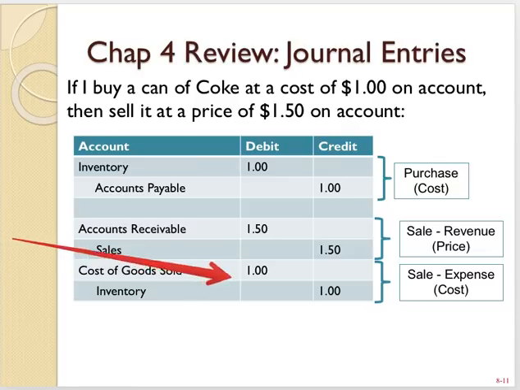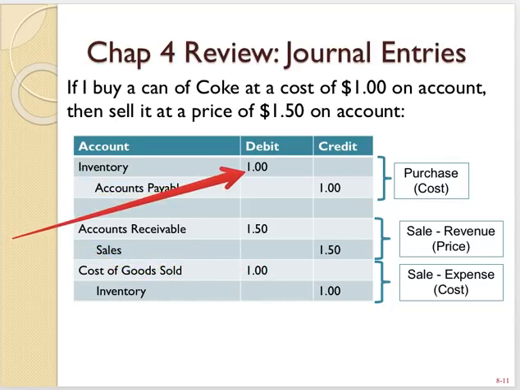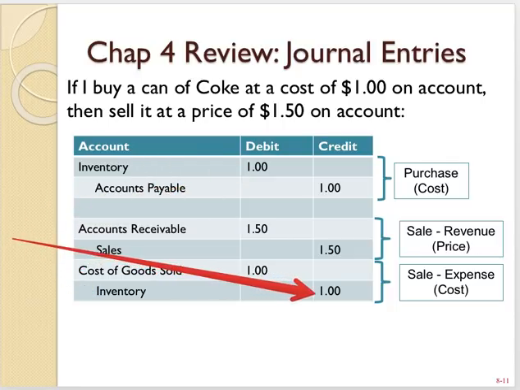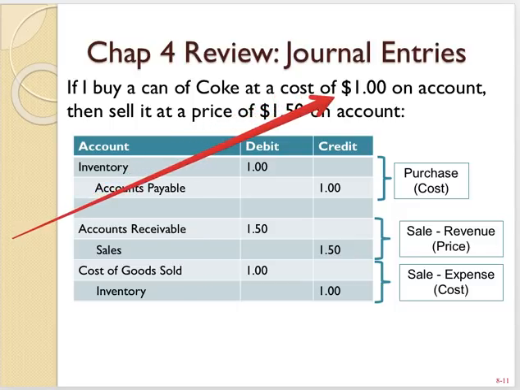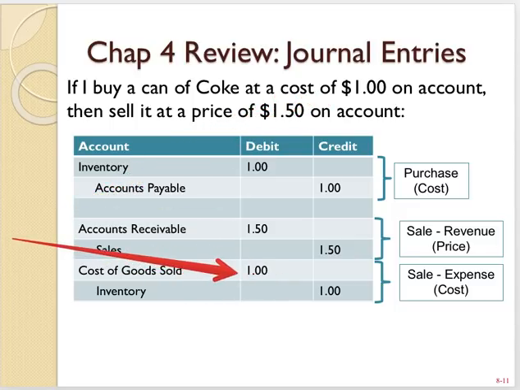And for that part of the entry, again, we're going to use cost, which is what we paid for it. And we have to do that because if our inventory came on the books at $1, we have to also take it off of our books for $1. Okay? And again, that term cost of goods sold, we're focusing on the cost. And again, the cost is what we bought it for, so it's $1, and that's why we use $1 here.